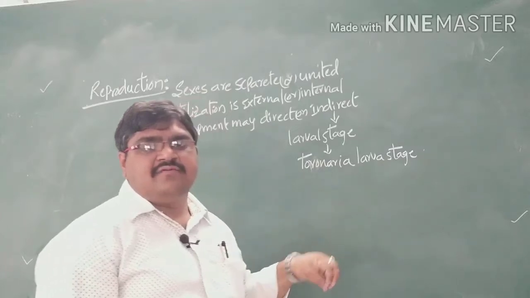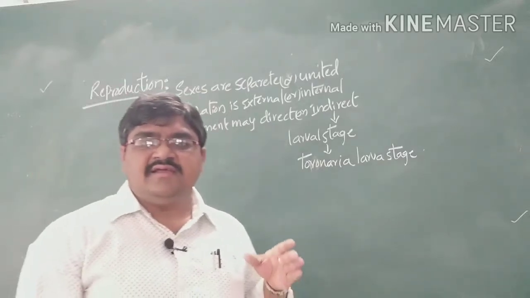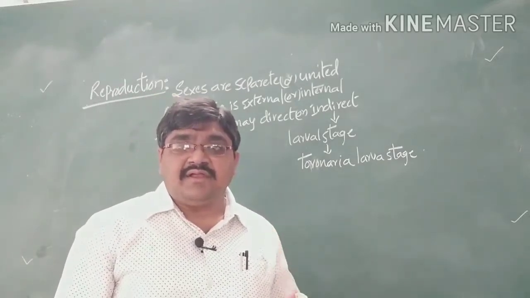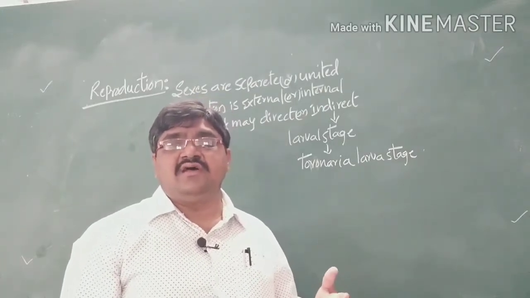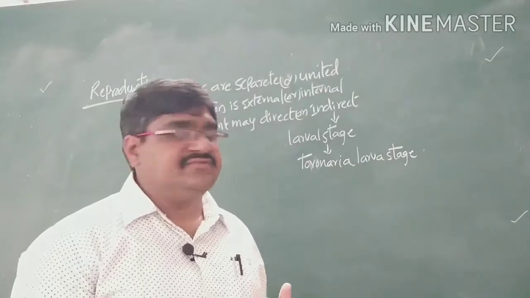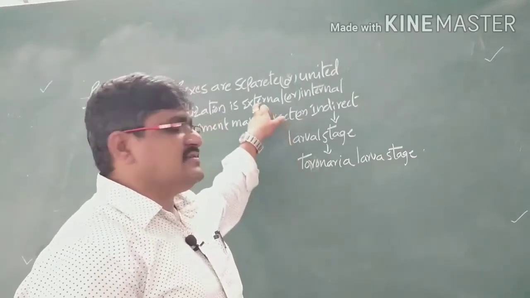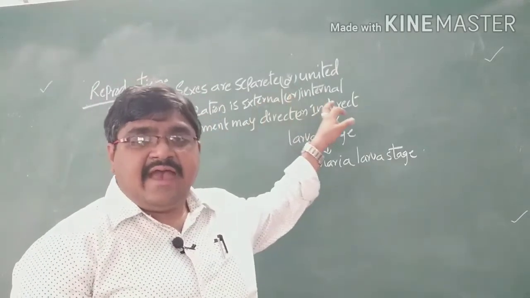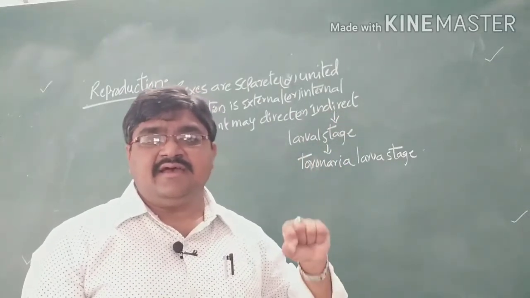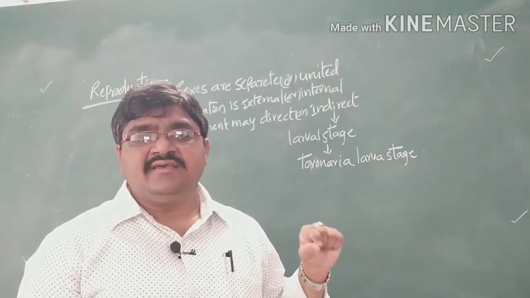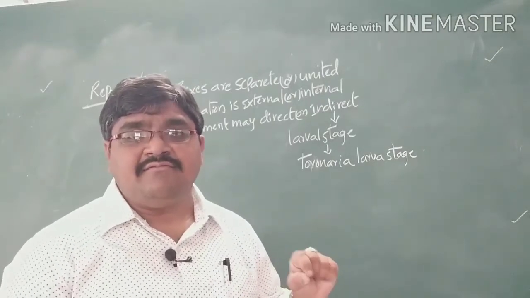This is the type of reproduction: the sexes are either separate or united; united means bisexual or hermaphrodite organisms. Fertilization may be external or internal, and development may be indirect or direct. Indirect means it shows several larval forms.